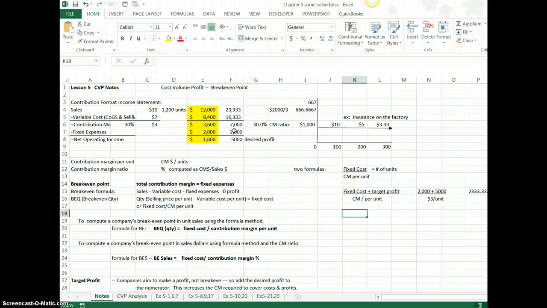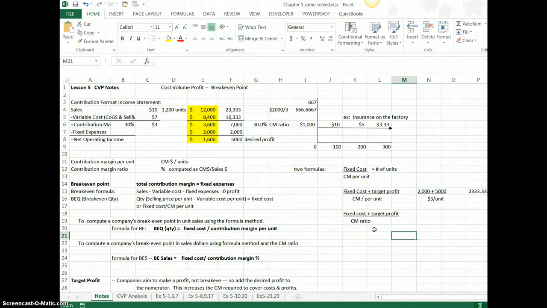So I could just work on it working backwards. 7,000 divided by $3 per unit told me how many units, 2,333. And then I'd have to multiply by the sales dollar amount, $10 a piece, to find out what my sales needed to be. Another way to do that is actually to take that fixed cost plus your target profit, and not to divide it by contribution margin per unit, but to divide it by contribution margin ratio.